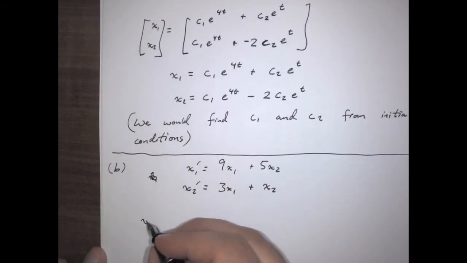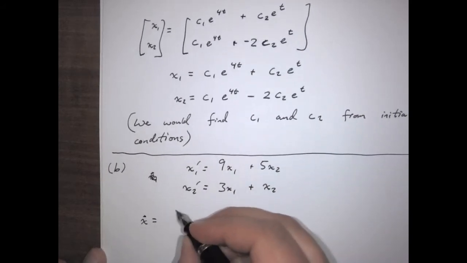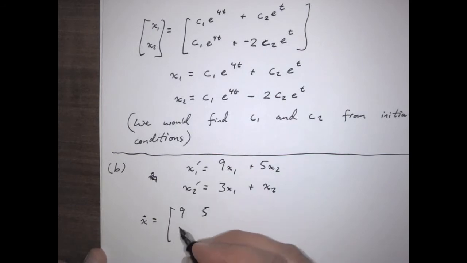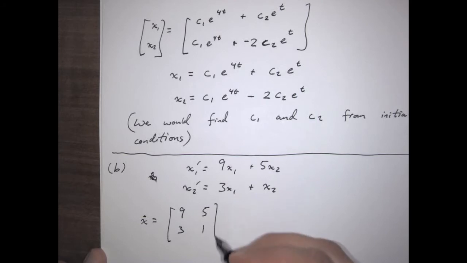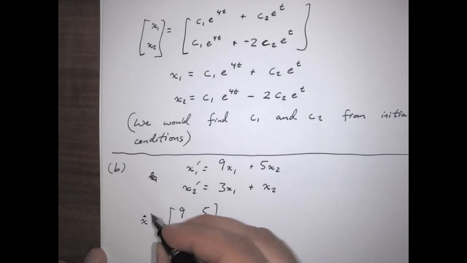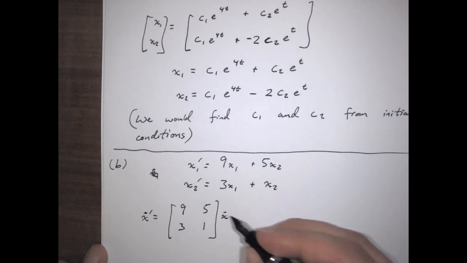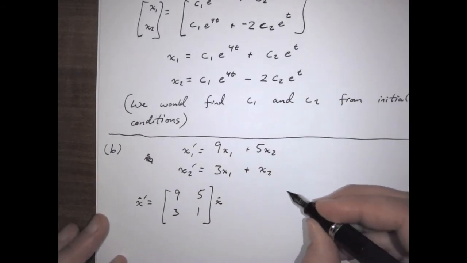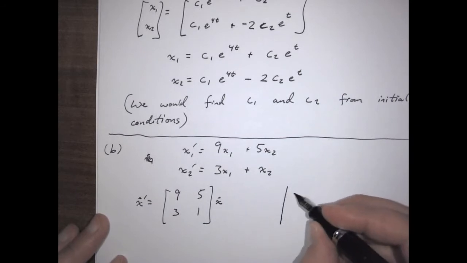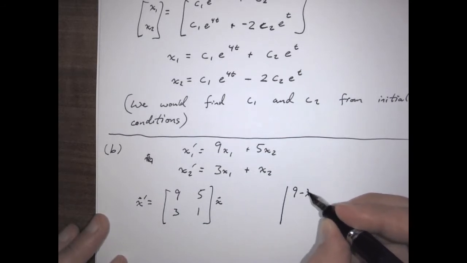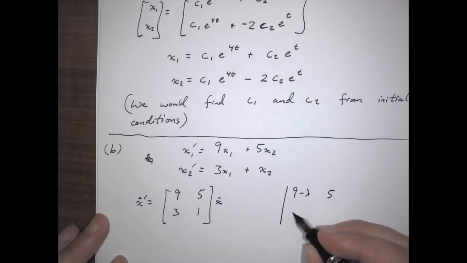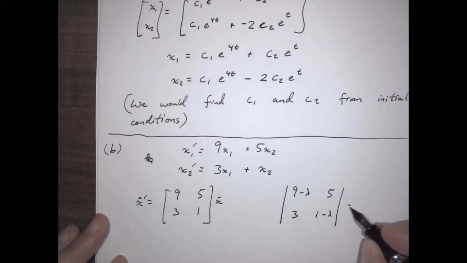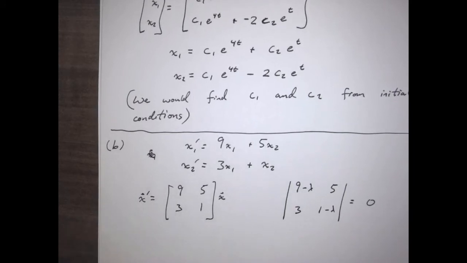And so, again, we change it into a matrix, 9, 5, 3, 1, times x, that's x prime. And then it's up to us to find eigenvalues and eigenvectors. So I do 9 minus lambda, 5, 3, and 1 minus lambda, set the determinant equal to 0.